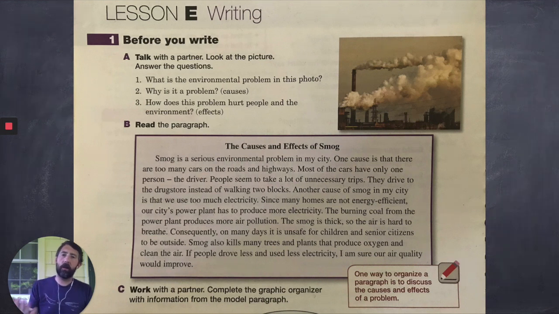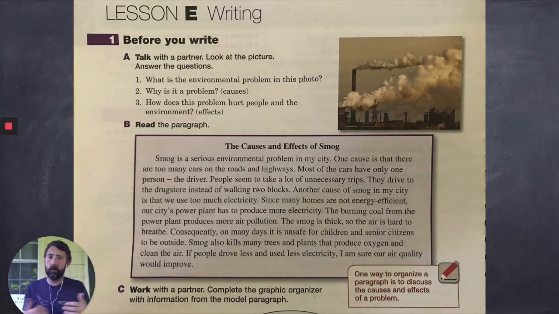And again, the way that questions 2 and 3 are asked, they're kind of asking the same thing. But if you think about causes and effects, causes are plants or factories like this in the picture, or cars, or people burning things, like burning large areas of trees, which can also cause air pollution.